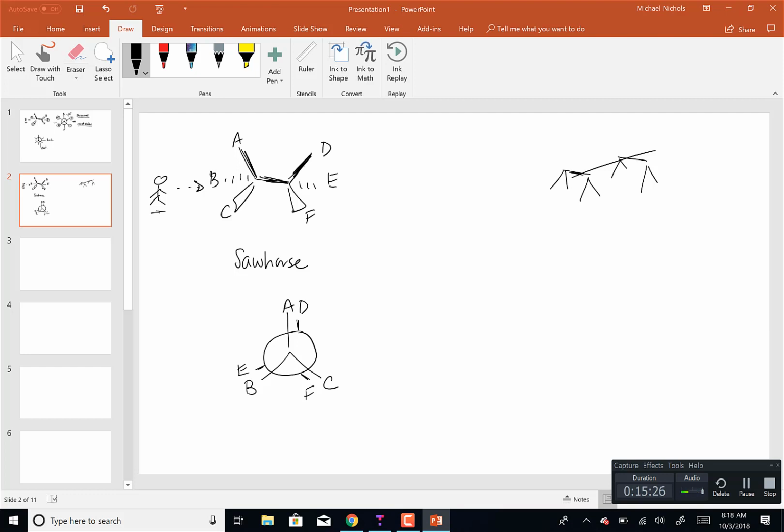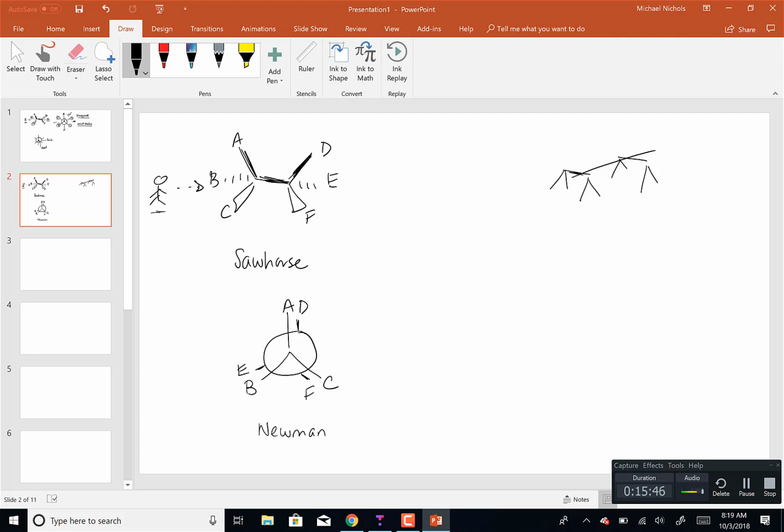So this would be the Newman projection. This is then going to be the Newman projection of that conformation. And there's two distinct conformations for a 2-carbon ethane molecule.